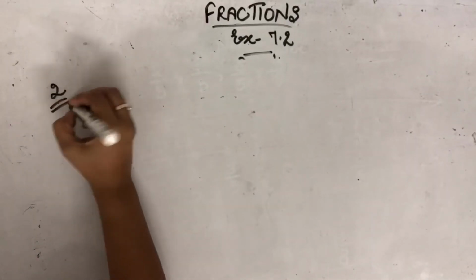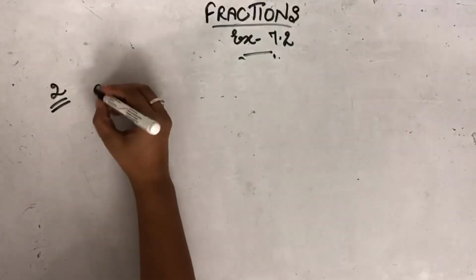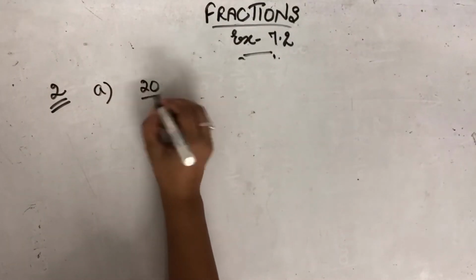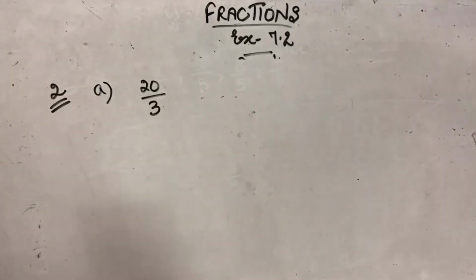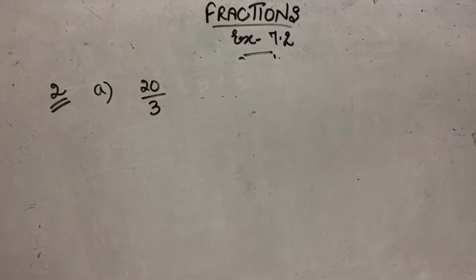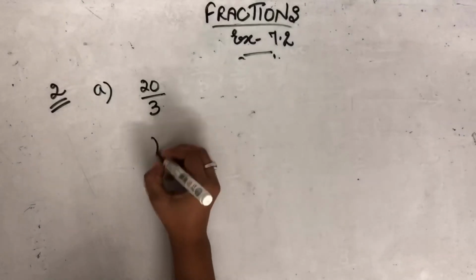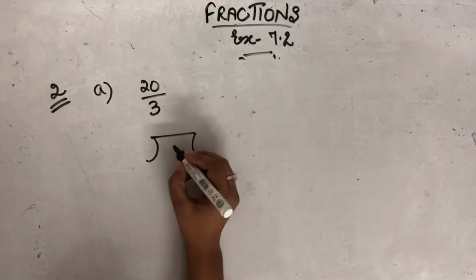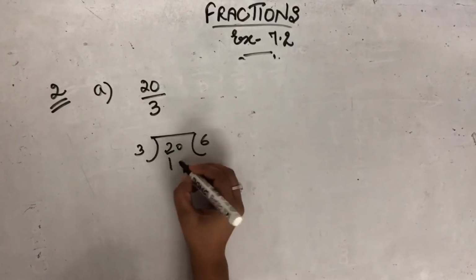Second question, you will do the rest of the parts yourself. First part is 20 by 3. You have to convert it into a mixed fraction. Now you know that this is an improper fraction because numerator is greater. So how will you convert this into mixed fraction? Divide it. 20 divided by 3, 6 threes are 18.